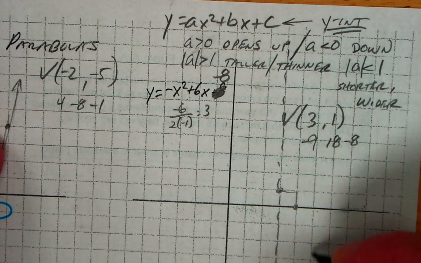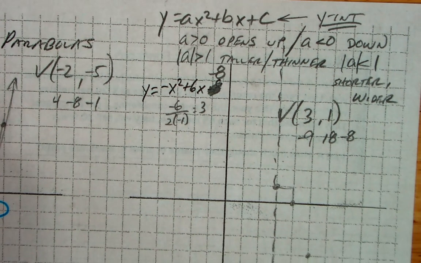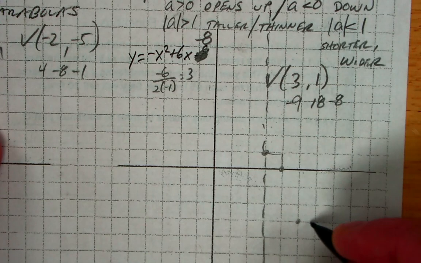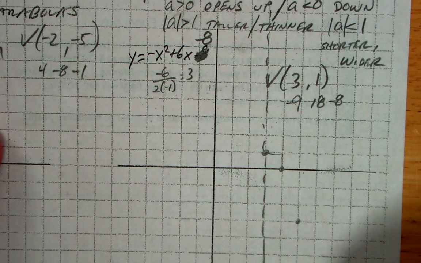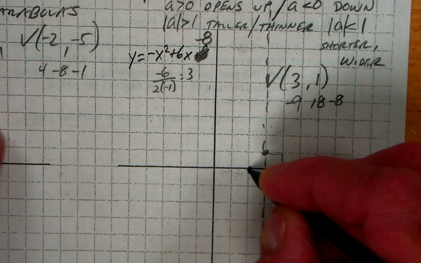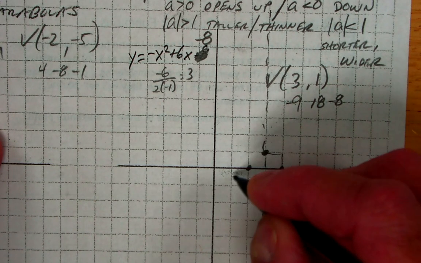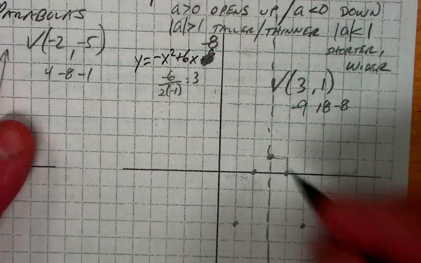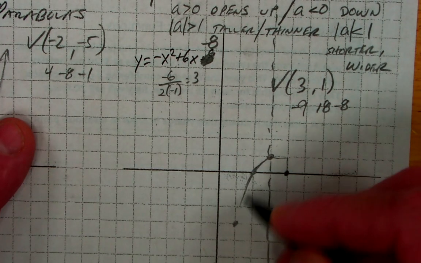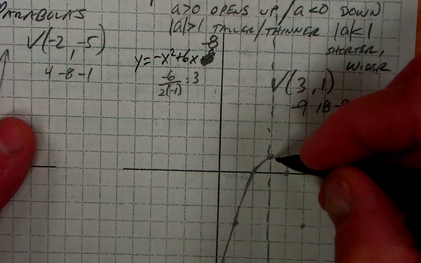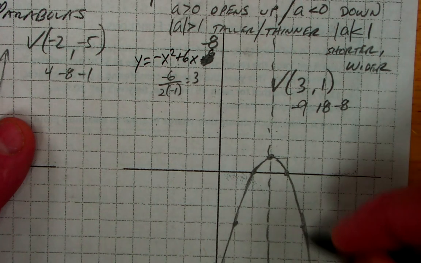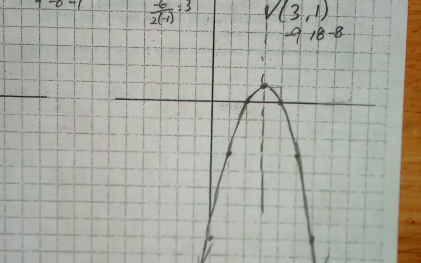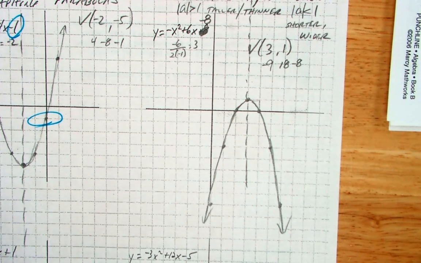From that point, all these 1s, 3s, and 5s, it's from the last point you drew, not from your vertex. There we go.